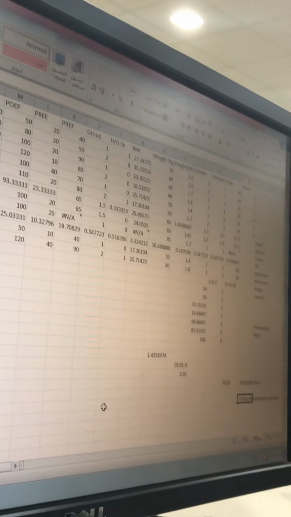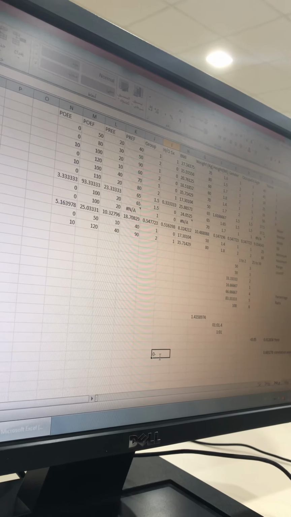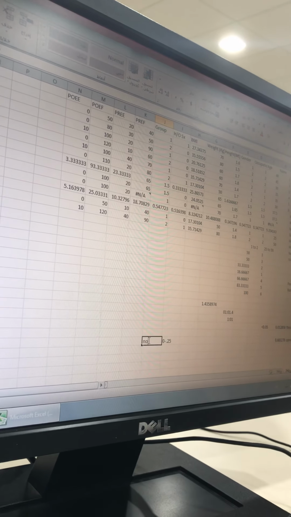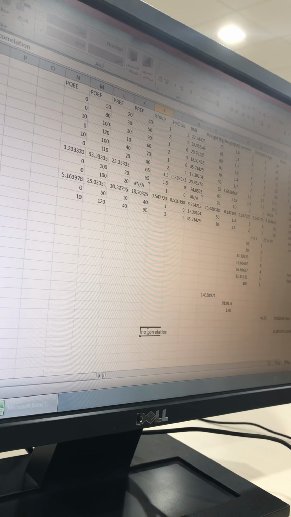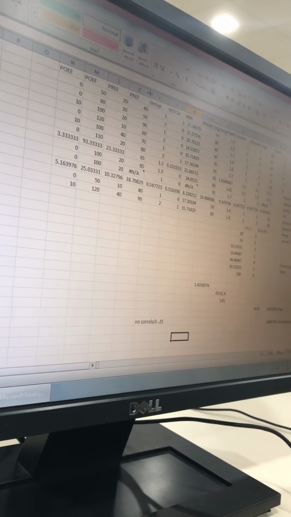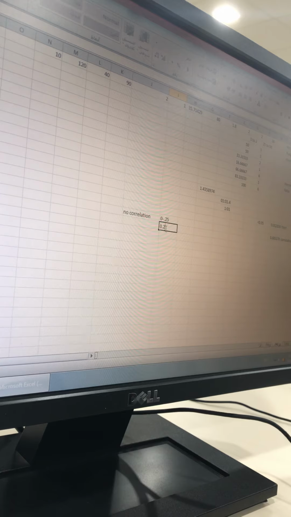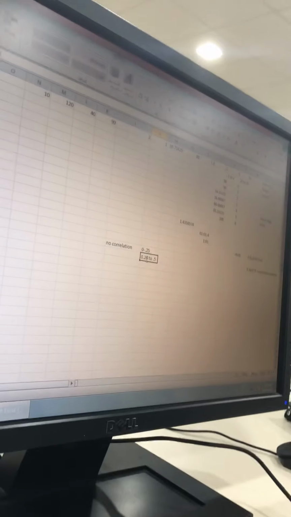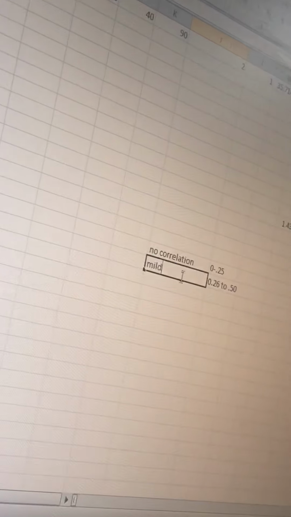So how to interpret this one? If you have values from 0 to 0.25, then there is no correlation. If you have values from 0.26 to 0.50, then it is mild correlation.